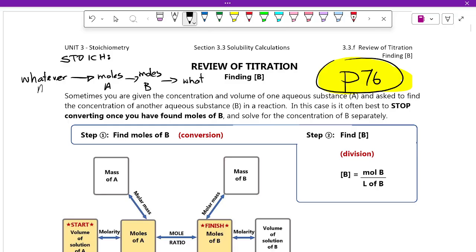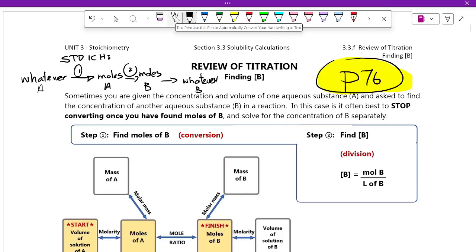So you have whatever information is given about A, you find moles of A. Step 2 is always find moles of B, and then you find whatever you're asked for about B. Steps 1 and 2 are always the same. Find moles of A, find moles of B.